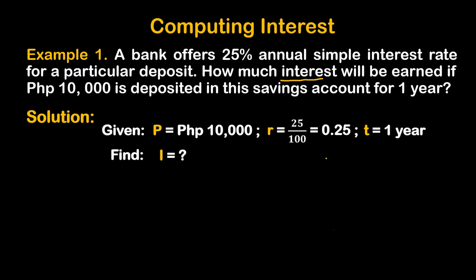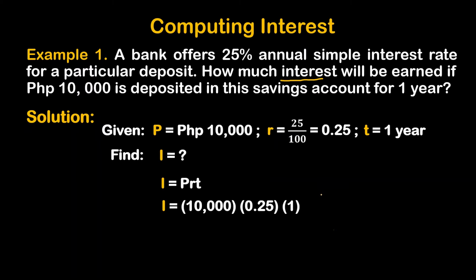The formula na gagamitin natin, again, is I = PRT. Ang gagawin lang natin is i-plug in lang natin ang mga given values. We have our value of P, which is 10,000 pesos. Then the value of R, which is 0.25. Then, of course, the value of T, which is equal to 1 or 1 year.